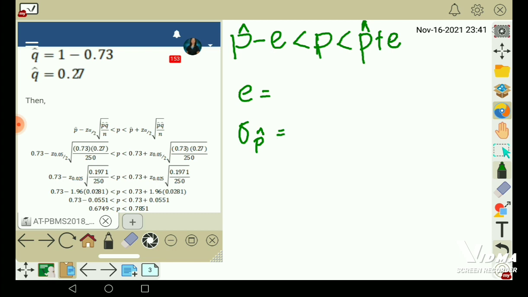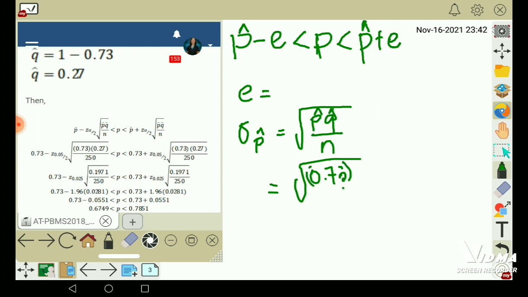Okay, and that is the square root of p hat times q hat over n. This is the other way on how you're going to solve for this one. Okay, and that is given by 0.73 times 0.27 over 250.